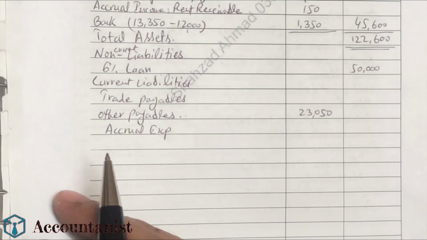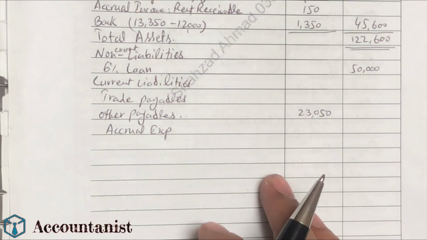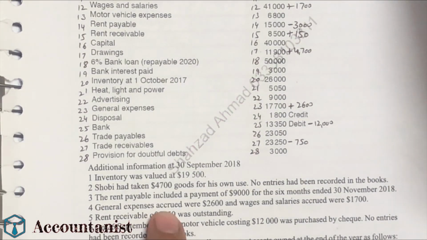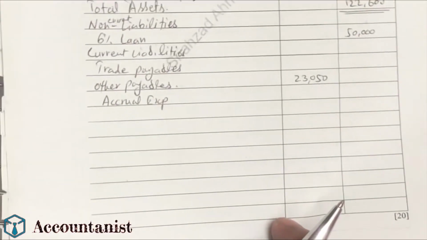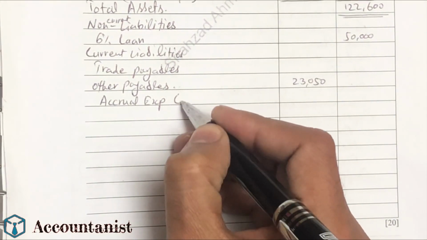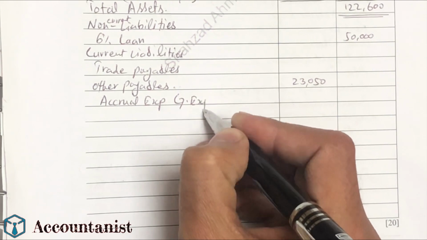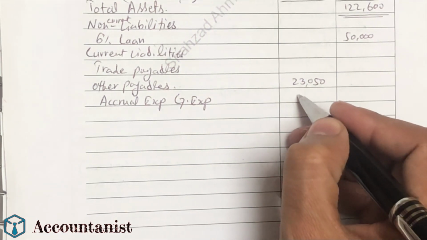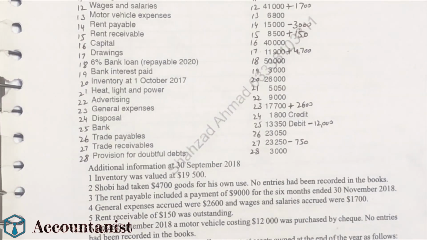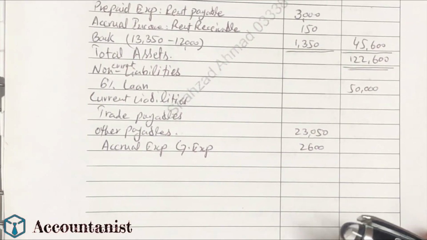So the first accrual expenses that we had was against the general expenses, 2600. So we'll write it down here, general expenses 2600, and the next one we had against the salaries 1700.